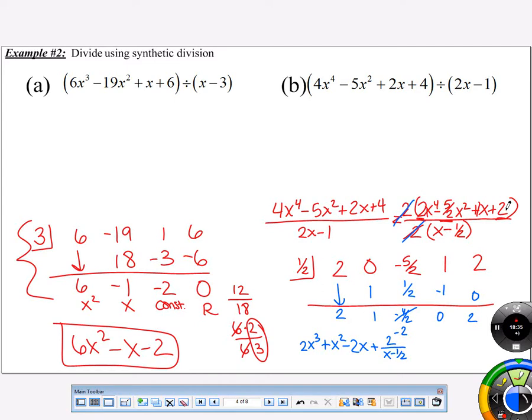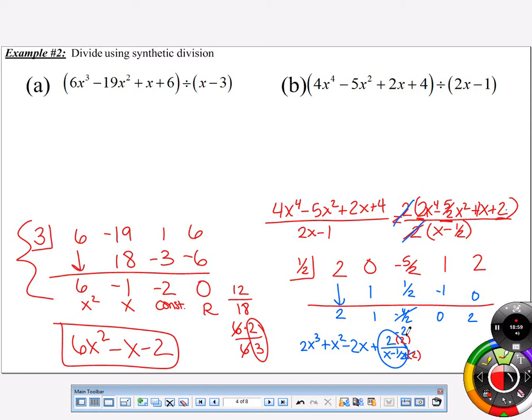Now, it's going to bug you a little bit. After all that work, they don't like the fact that this has a fraction within a fraction. So you usually have to do a little bit to fix the remainder if it has that fraction in the denominator. Multiplying this denominator by 2 would get rid of that fraction, and then you just have to do the same thing in the numerator.